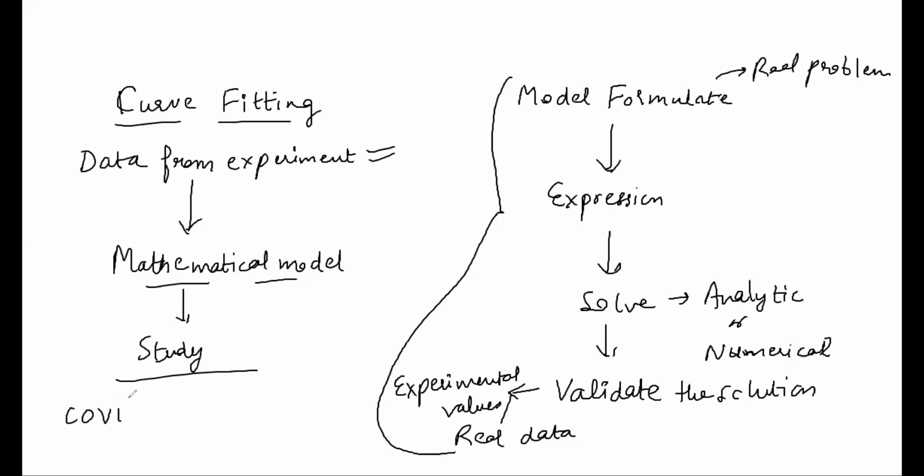Take COVID-19. Many people are working on its mathematical modeling, but no one has exactly come up with a precise mathematical explanation of how this is happening, and no model is yet proving to be that efficient, right? So the people who are using this technique are getting the data.